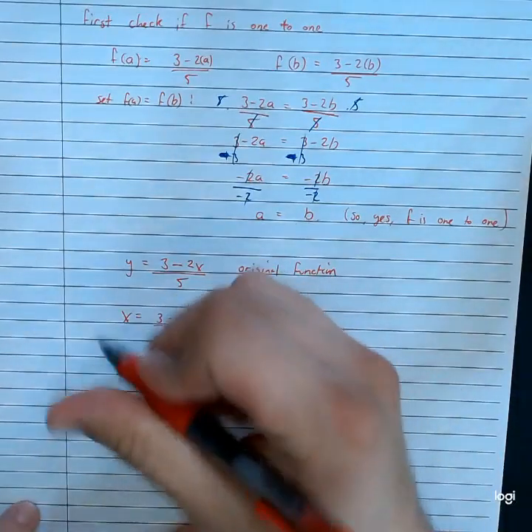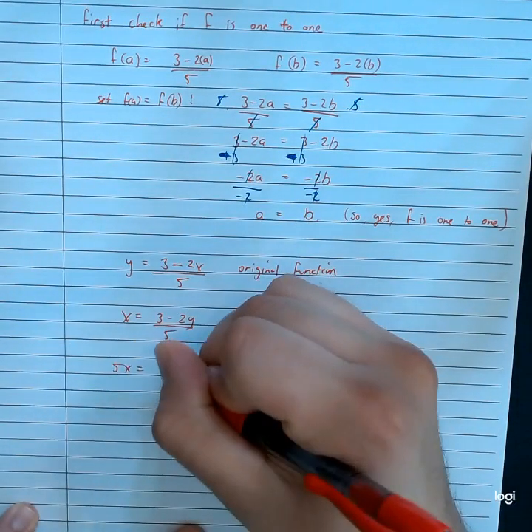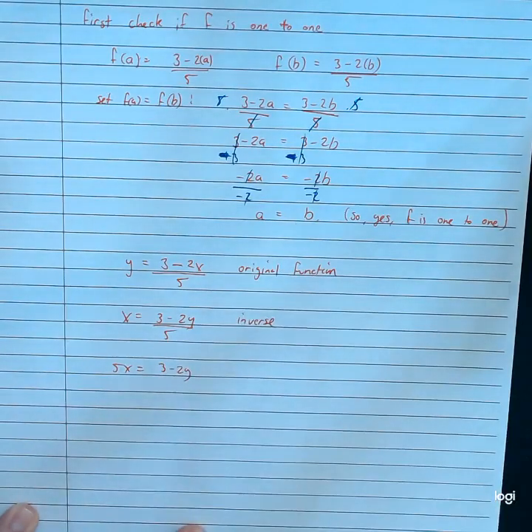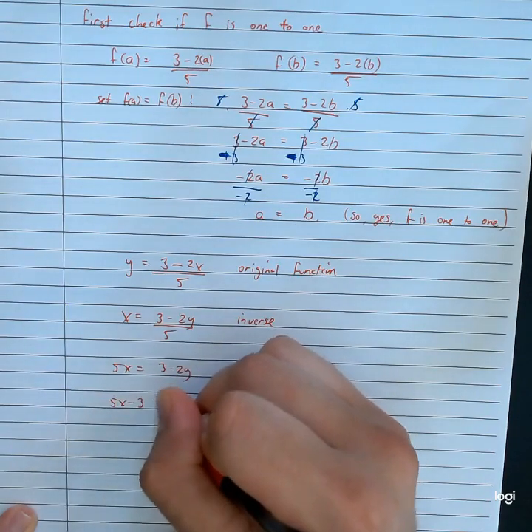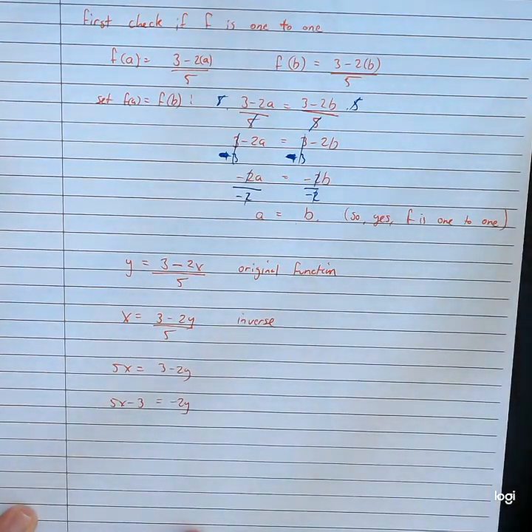We're going to multiply both sides by 5. Gives us 5x equals 3 minus 2y. We can now subtract 3 from both sides. So that'll give me 5x minus 3 is equal to negative 2y.